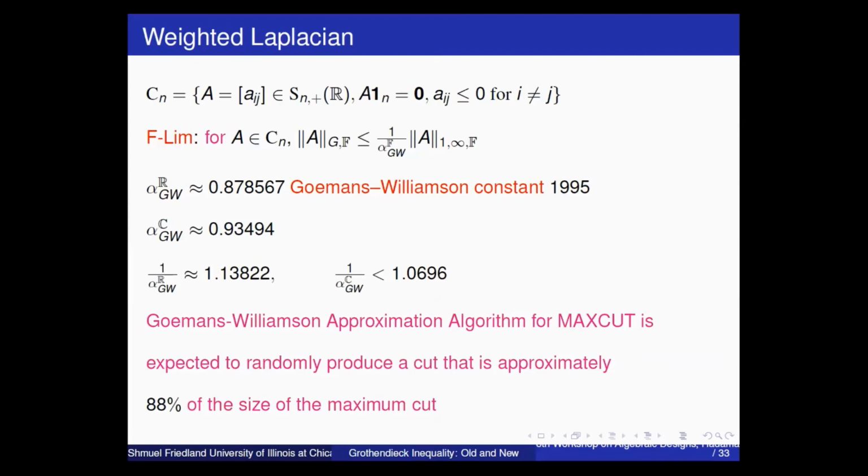It is NP-hard, but they showed that, using some randomness, you can find a cut which is within 0.87567 of the maximum one. So it's again a Grothendieck inequality, for a certain class. Now, if you wanted to do it for complex numbers, then it's slightly higher.